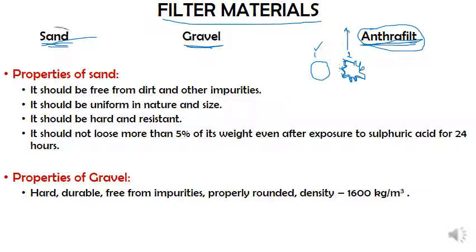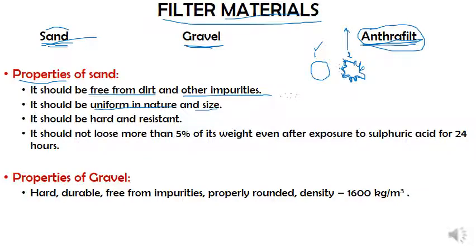Now coming back to the sand or fine particles. If I need to use sand as a filtering media, what should be its properties? The first one is it should be free from dirt and other impurities, that is, it should be quite clean, with no dirt or suspended particles attached. Second, it should be of uniform nature and size.